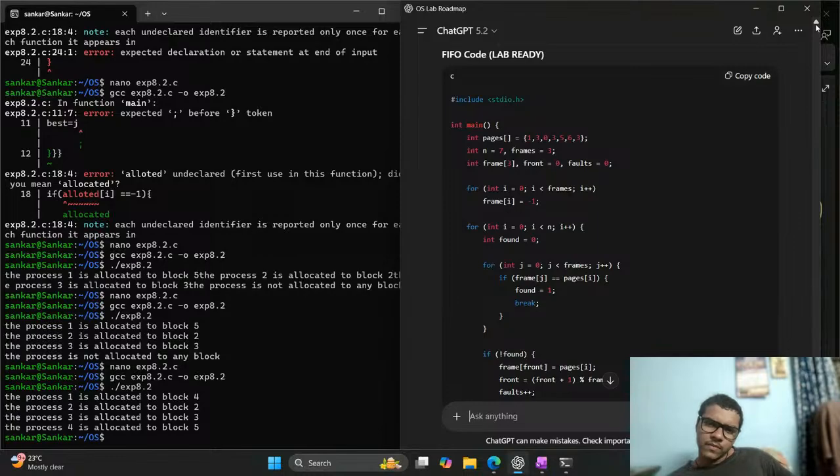You will put the frame of I is equals to minus 1. You will do 7 times and the found is equals to 0. You will check for every frame. A frame of j is equals to pages of I, found, and you will break if not found.